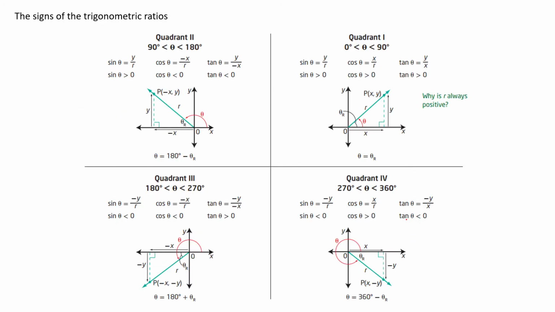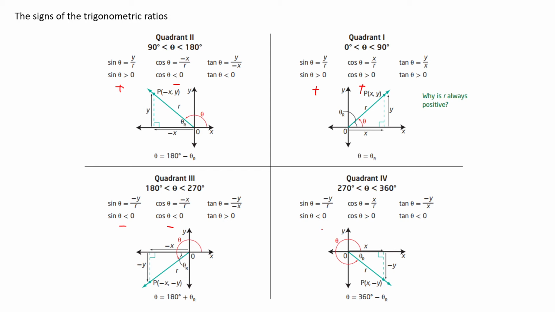Another thing that you have to be very familiar with here is the signs of the trig ratios in different quadrants. In quadrant 1, x and y are both positive, so sine and cosine are both positive. In quadrant 2, sine is positive, cosine is negative. In quadrant 3, both are negative.